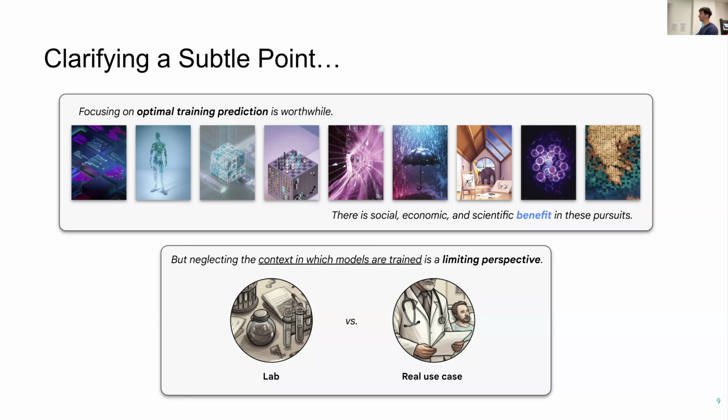However, in other applications, I would argue that if you neglect the context in which models are trained, that may be a limiting perspective, right? Whenever you cannot afford to be wrong, if you're working on more critical applications that rely on you making correct inferences even across domains, you need to do a little bit more.